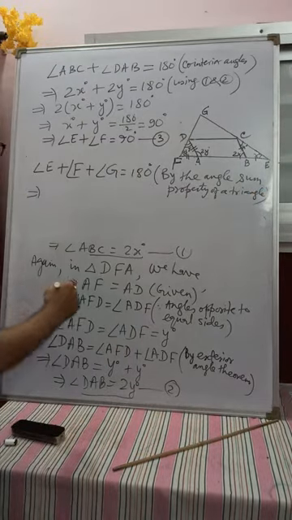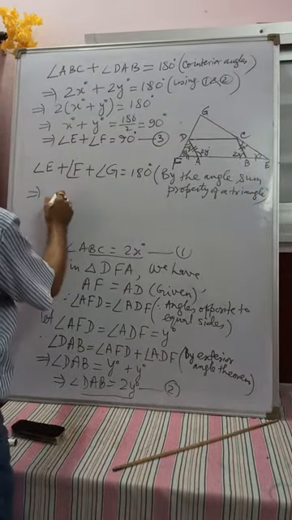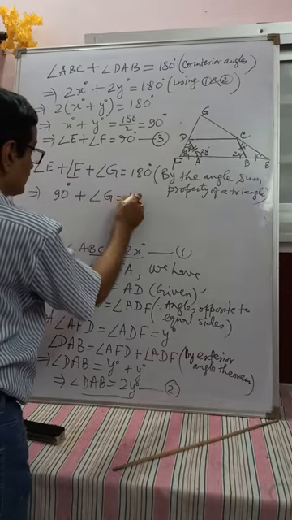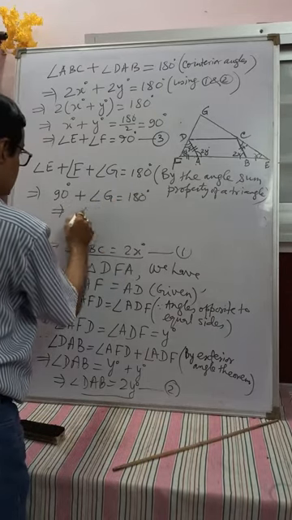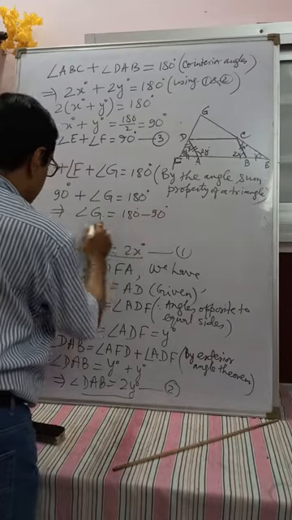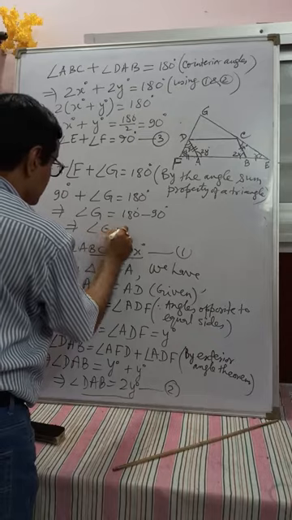Now angle E plus angle F, already we have got 90 degrees. So 90 degrees plus G is equal to 180 degrees. That means angle G is 180 minus 90 degrees, that means angle G is equal to 90 degrees.